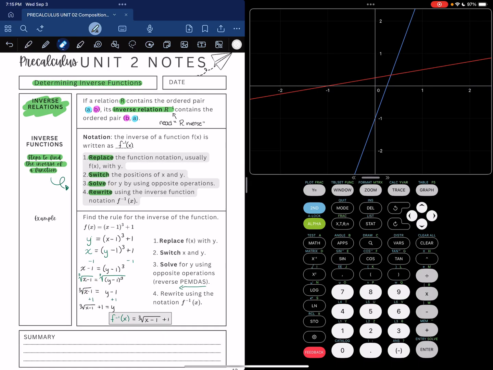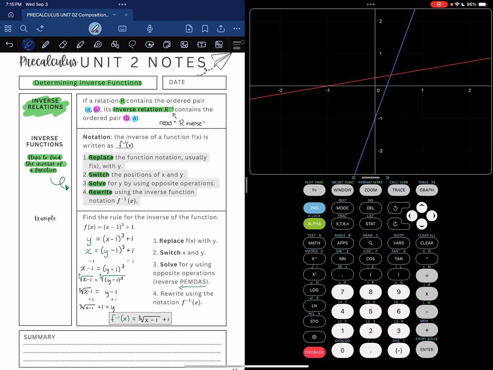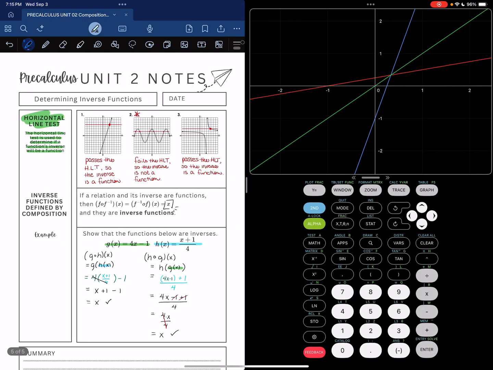And so because they reverse each other, what ends up happening is these two lines are actually perfect reflections across the line y equals x. You see how I've graphed that green line, the y equals x line, and the red and the blue function, your g and h, they are perfect reflections across that line.